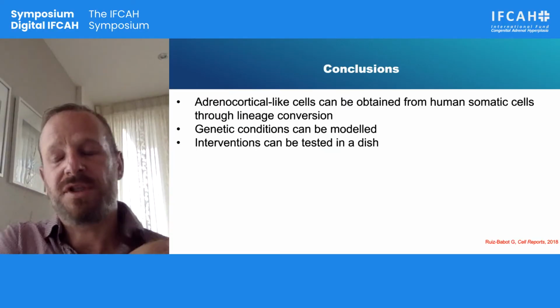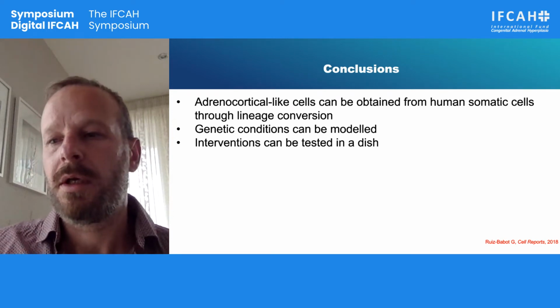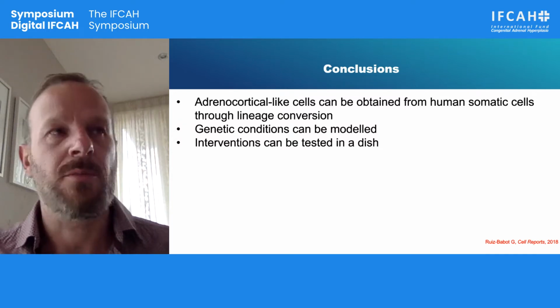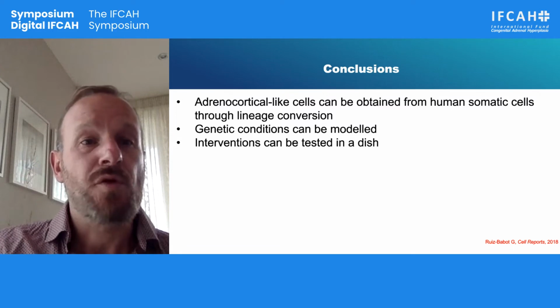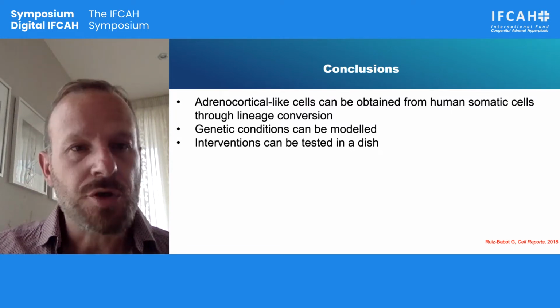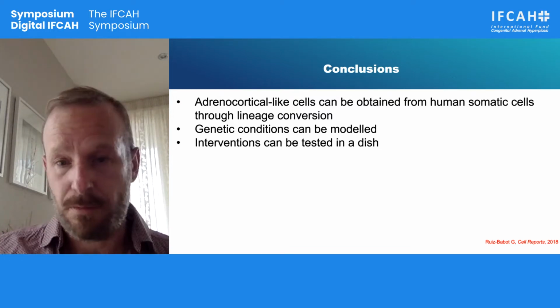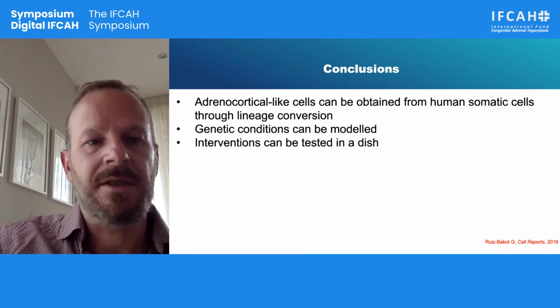So these cells were also viable in vivo upon transplantation, but not using a model of adrenal insufficiency. So these cells can be obtained through a procedure of lineage conversion. Genetic conditions can be modeled quite nicely, and the intervention can be tested in a dish.